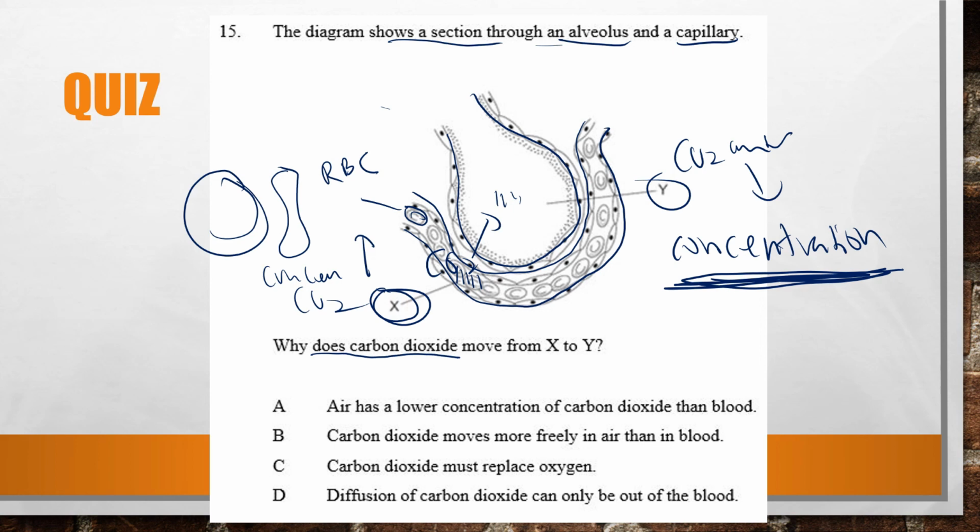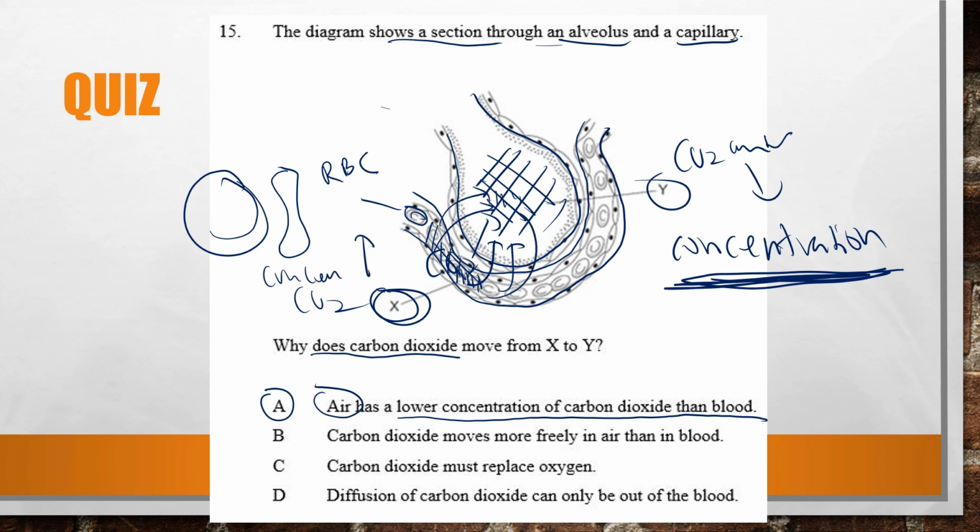Barulah carbon dioxide boleh diffuse masuk ke sini. So, yang paling tepat adalah jawapannya A, di mana udara mempunyai lower concentration of carbon dioxide than the blood. So, sini concentration of CO2 lower, dekat blood concentration of CO2 higher. So, sebab itulah CO2 ni boleh diffuse daripada X ke Y. Jadi, jawapannya adalah A.